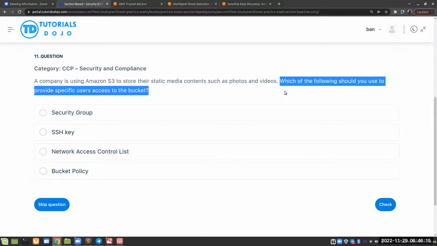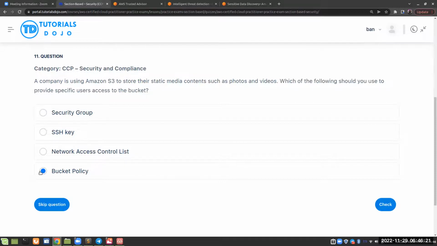Bucket policy. Please turn up if you. Great, okay. I hear bucket policy. Anyone has a different view? So which of the following should you use to provide specific users access to the bucket? So here you are dealing with permissions, right?